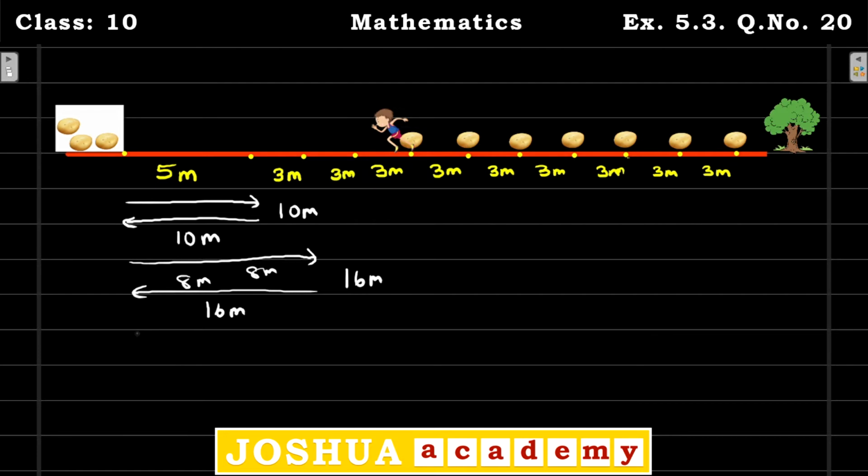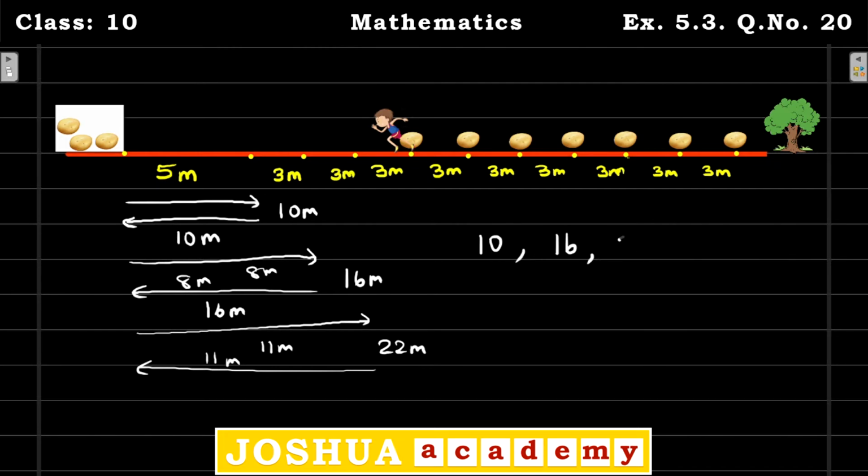Now the third case, the competitor runs a distance of 8 plus 3 is 11 meters, and again runs back 11 meters. So what is the total distance run by the participant to collect the third potato? 22 meters. And if you look at the process here, for the first potato 10 meters, second potato 16 meters, third potato 22 meters, and so on.